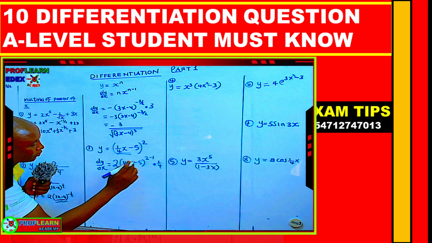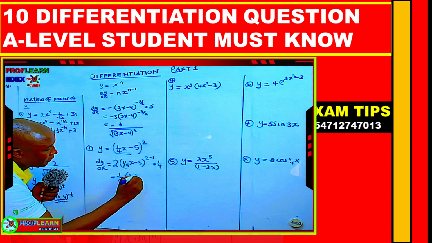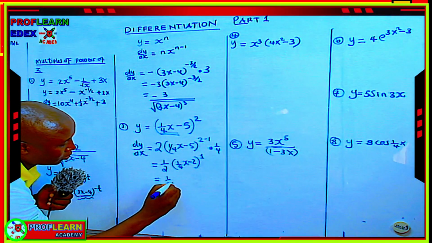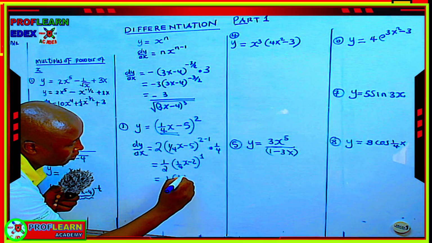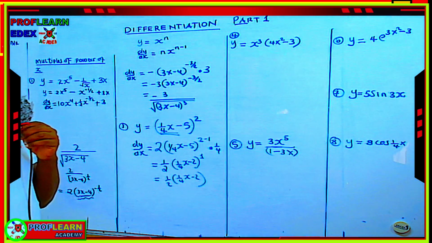And this is 1/4 times 2, which is going to be 1/2, here into (1/4 x minus 2) raised to power 1. Basically 1/2 into (1/4 x minus 2). We can leave our answer that way.